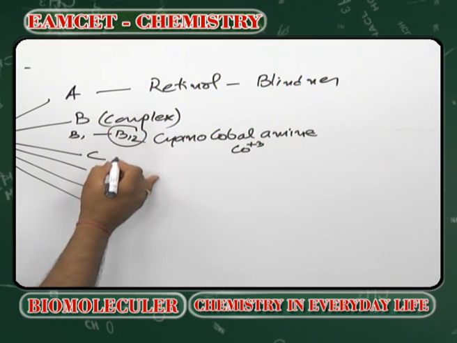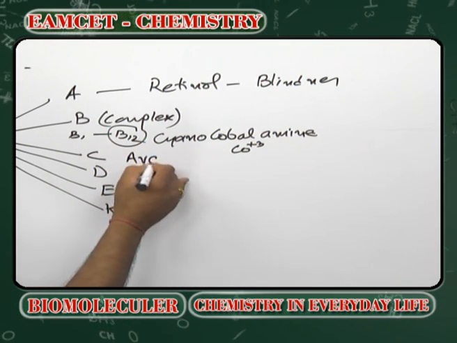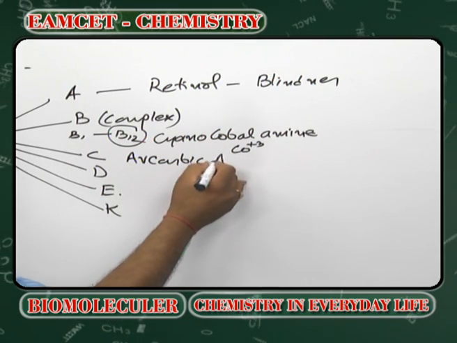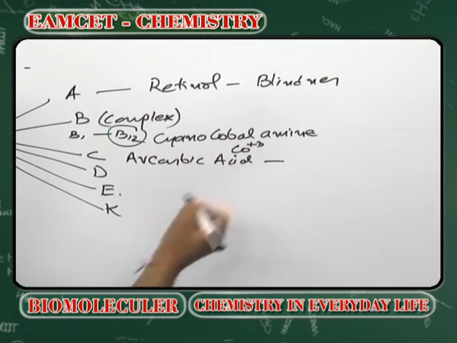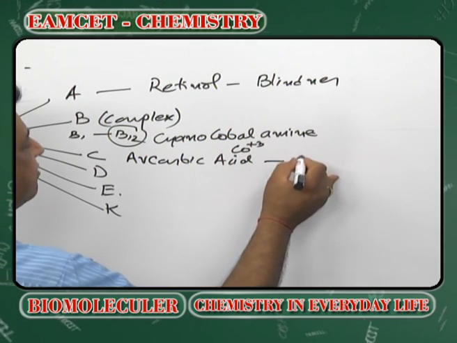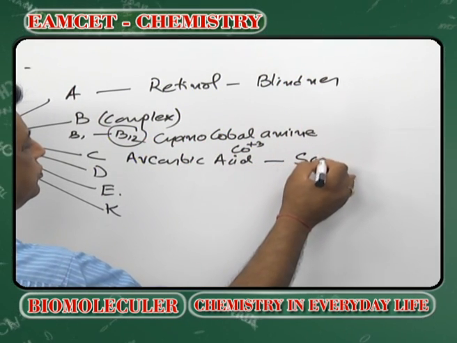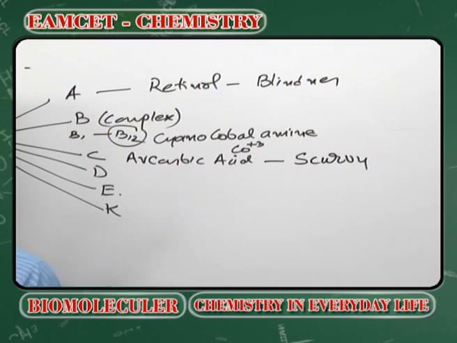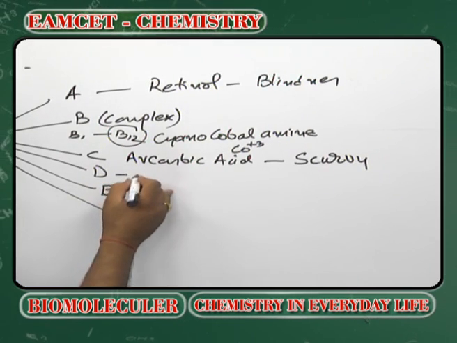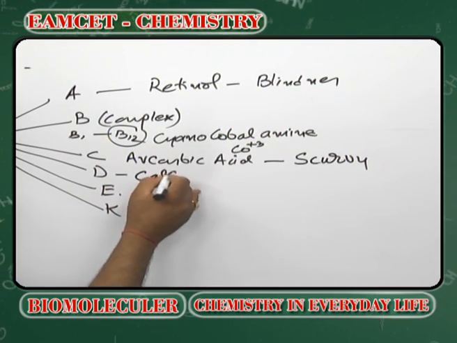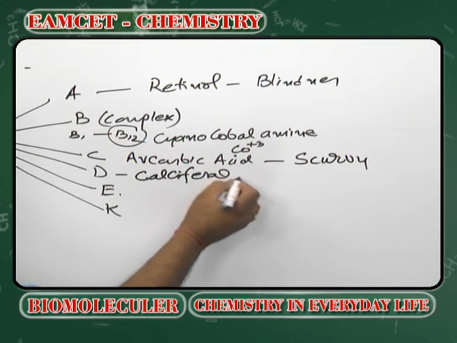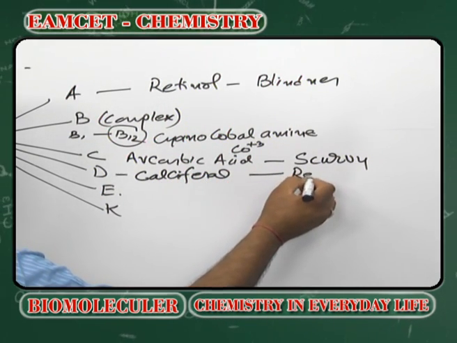Vitamin C is known as ascorbic acid. Its deficiency leads to the scurvy disease. Vitamin D is called calciferol, and its deficiency leads to rickets.